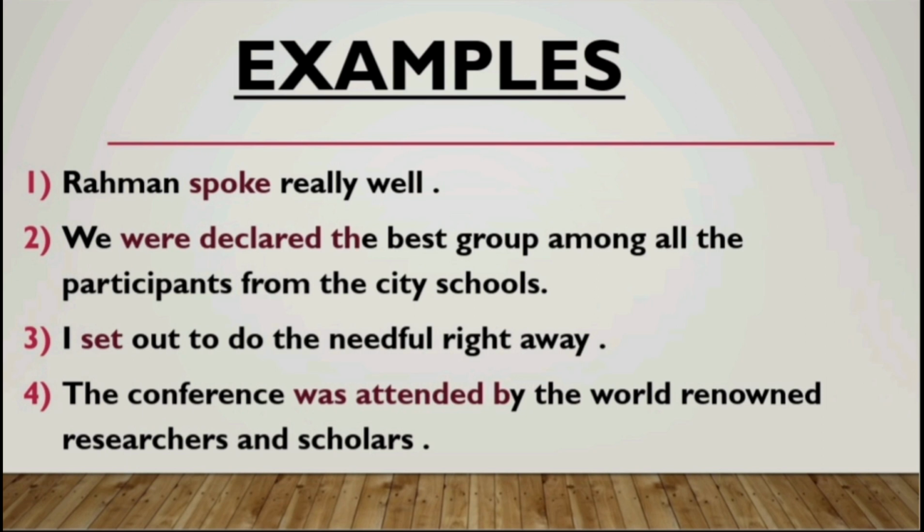And it is a finite verb because if I change the tense, the whole mood of the sentence changes and the subject agrees with the verb. If the sentence were Rahman speaks very well, the sentence changes its meaning and instantly it will mean that Rahman generally speaks very well. It's part of his personality, etc.